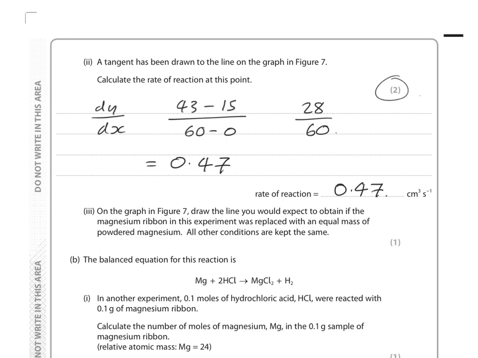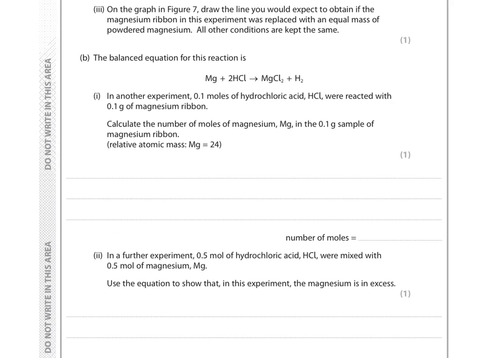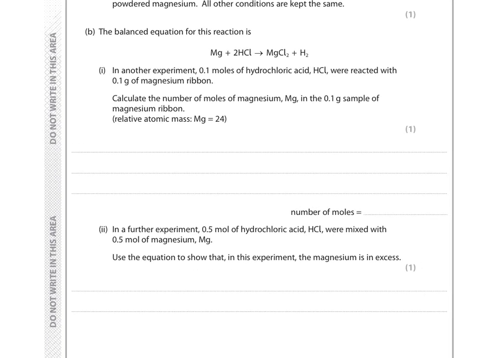And B, a balanced equation for the reaction is, and then it gives you the equation, and it says in another experiment 0.1 moles of hydrochloric acid were reacted with 0.1 grams of magnesium ribbon. Calculate the number of moles of magnesium in the 0.1 grams of sample.